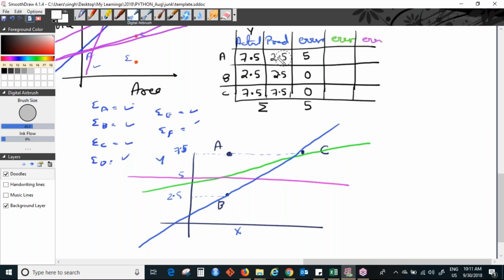Okay, so I'll just erase this. I'll write it now for the green line. What do you think is the predicted value for point A, for the green line? Okay, 5. Yes, it is 5.